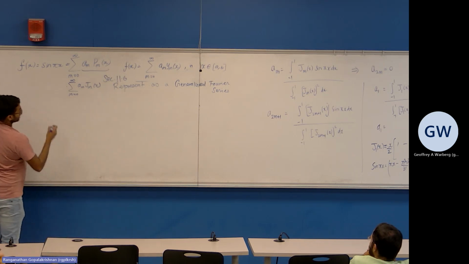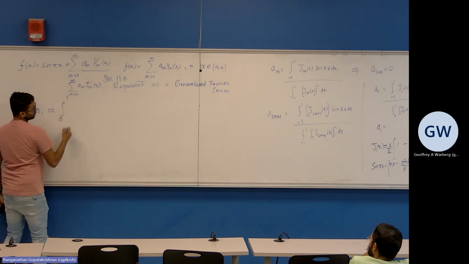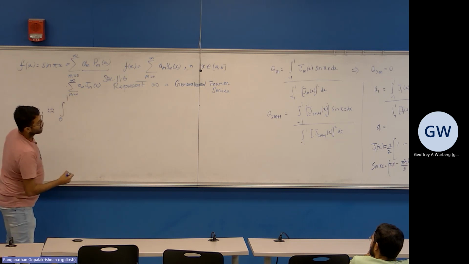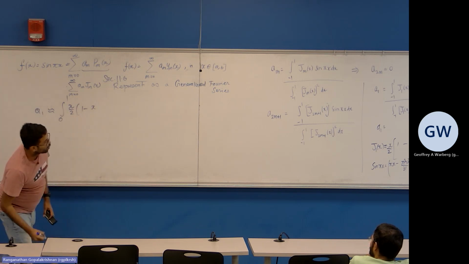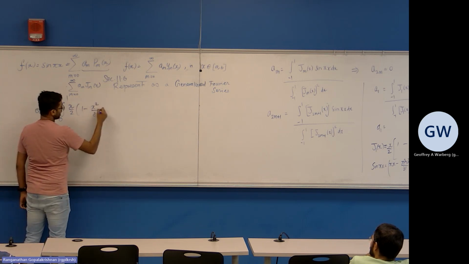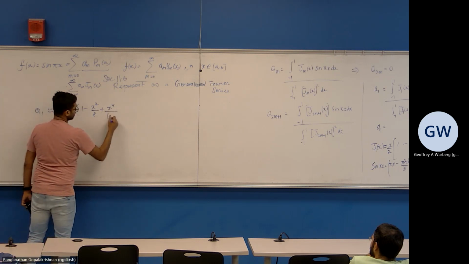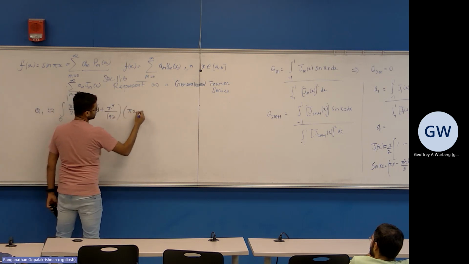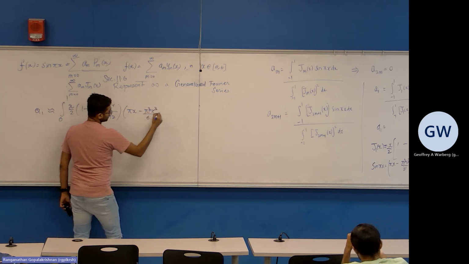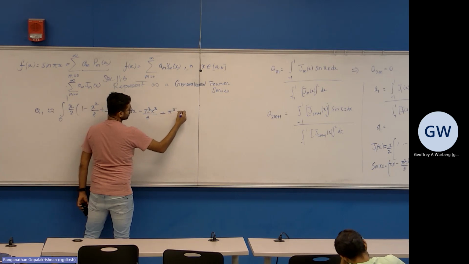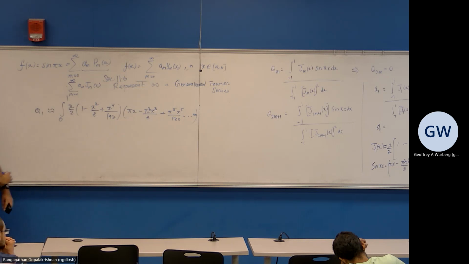So you would write A1 is approximately equal to integral 0 to 1 of x over 2 times 1 minus x squared over 8 plus x to the 4th over 192 times pi x minus pi cube x cube times 6 plus pi to the 5th x to the 5th over 120 and so on up to infinity dx.